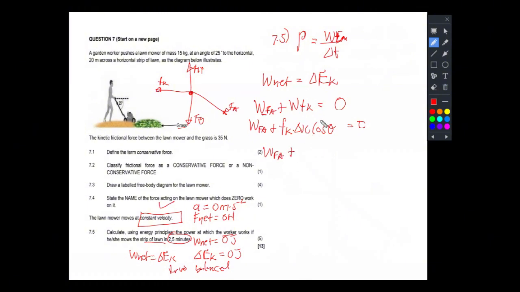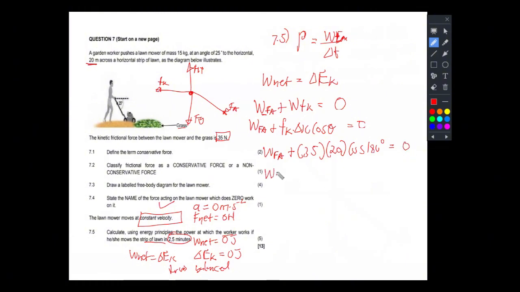Are we given the value of the frictional force? Yes, that's the 35 Newton that we saw there. So 35, and then the displacement, they said 20 meters, right? So 20, and then we know that anything to do with FK, the theta there is always 180 degrees because it does negative work, right?